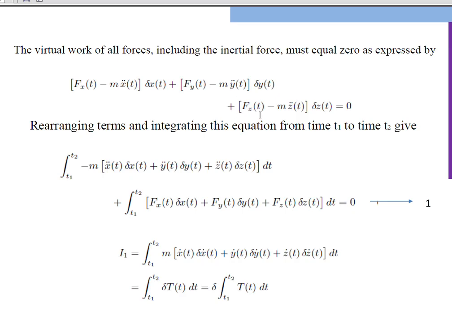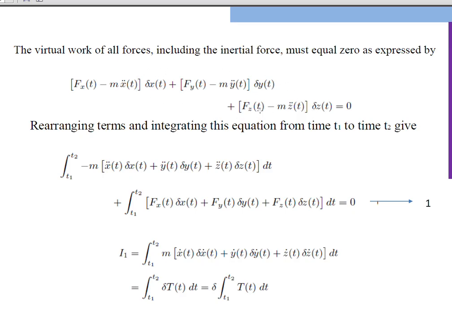Similarly, in the z direction, fz of t indicates the force in the z direction, and the body moves with the acceleration z double dot of t. This is the acceleration in the z direction, and mass into acceleration gives the inertial force. The sum of the forces in that direction, multiplied by the virtual displacement, gives the work done.